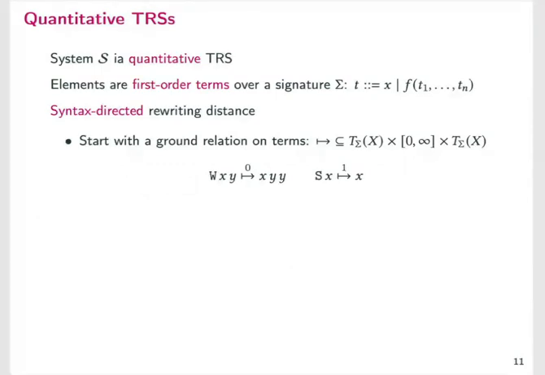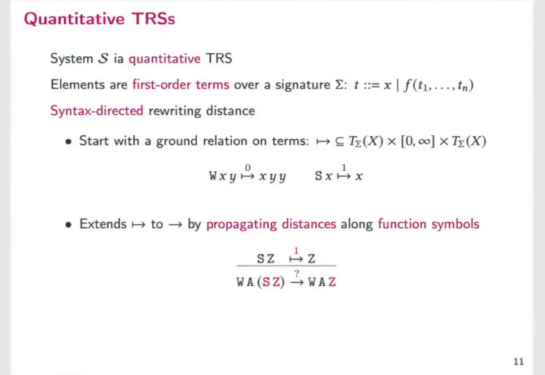And by that I mean that we start with a ground ternary relation on terms and numbers, which is really the way in which we define distances, so the one that we have seen so far. And then what one does, although we have not seen that yet, but we will do that in a moment, is extend this ground relation to more complex expressions, which essentially means that one specifies how one can perform this quantitative reduction using the ground relation, but inside other terms.